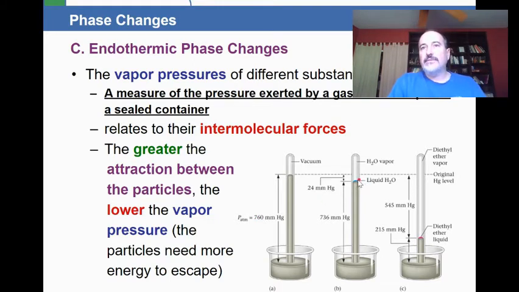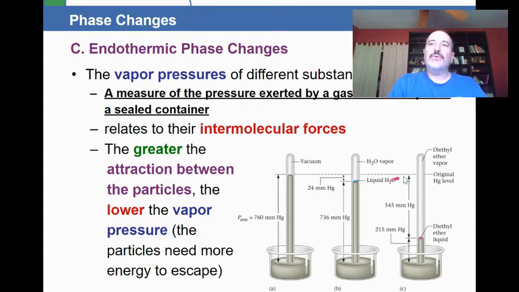But if you put some liquid water in there, the vapor pressure of water pushes down on it to a certain extent, and it pushes it down a little bit more so that it has a pressure of 24 millimeters of mercury, causing the height to go down.